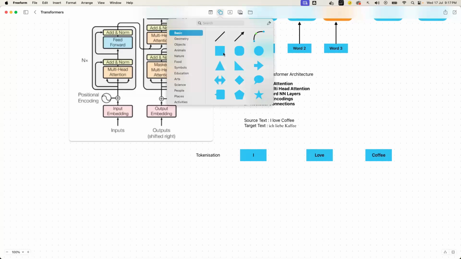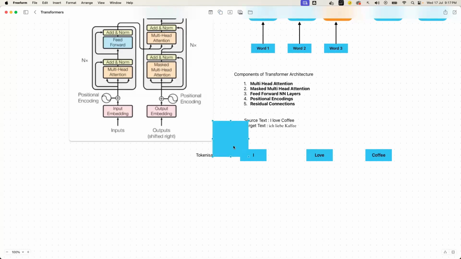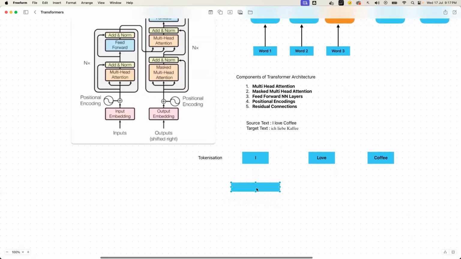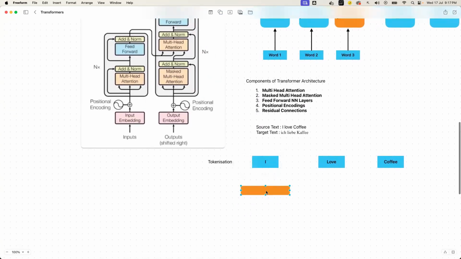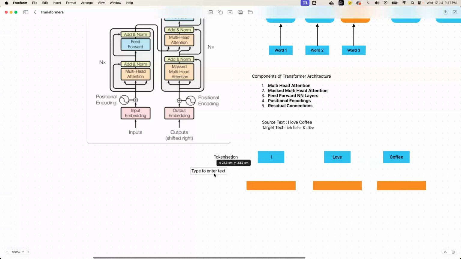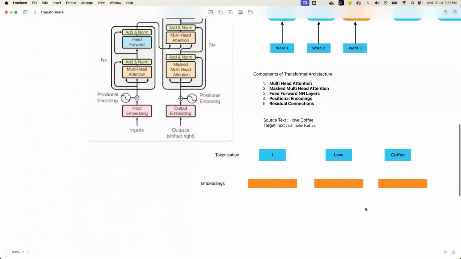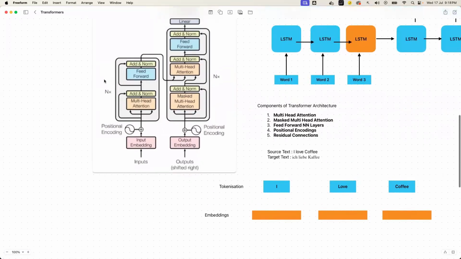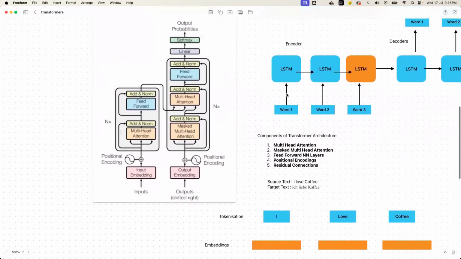Let us assume that this orange box represents the embedding vectors. I'll call this an embedding vector. Assume that this box contains some list of vector values. This is the output of the embeddings. Now, these word embeddings are what we will be sending as input to our encoder.